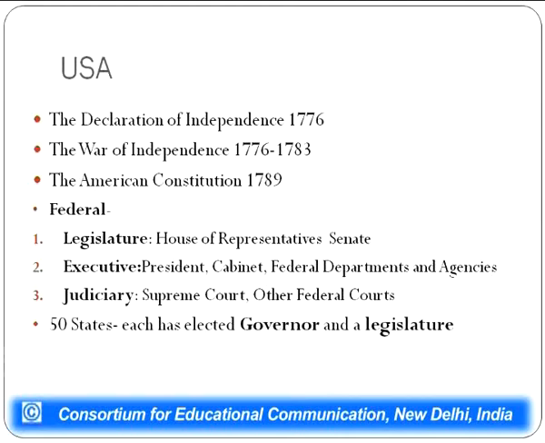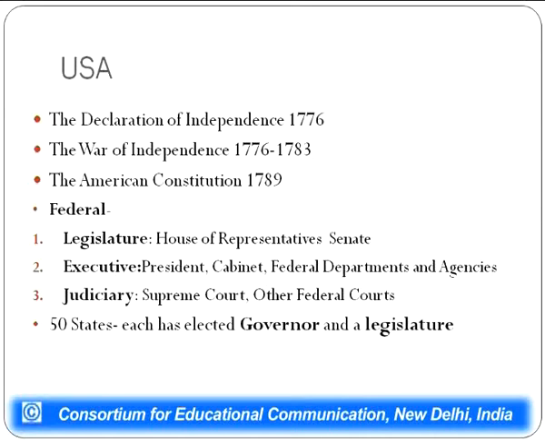The Declaration of Independence in 1776 was followed by the War of Independence, which went on for 7 years, after which the process of writing the Constitution started, and finally the American Constitution was adopted at the Philadelphia Convention in 1789.